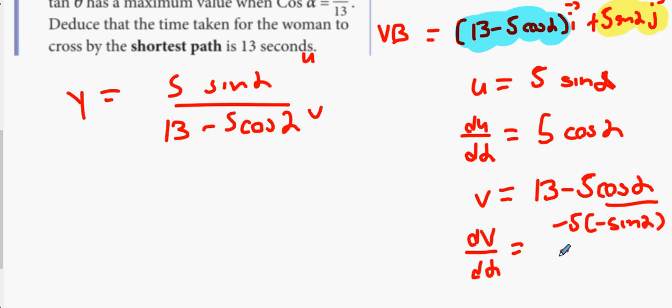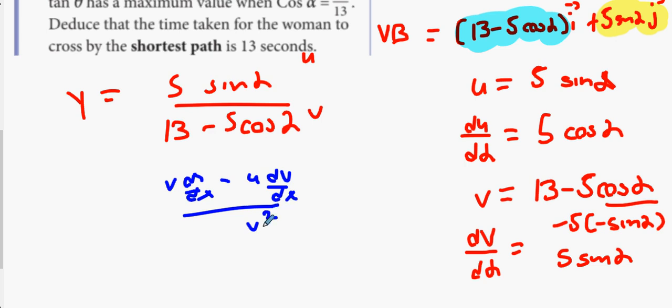5 sine alpha. Okay. If you remember correctly, it's usually v du dx minus u dv dx, all over v squared. So let's do that here. And for argument's sake, we're just going to call it dy d alpha.